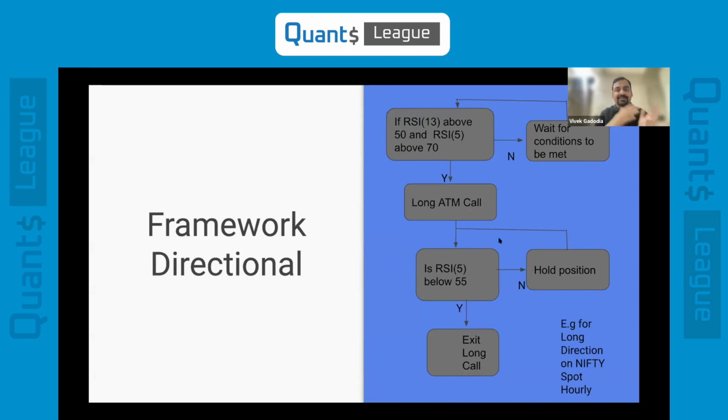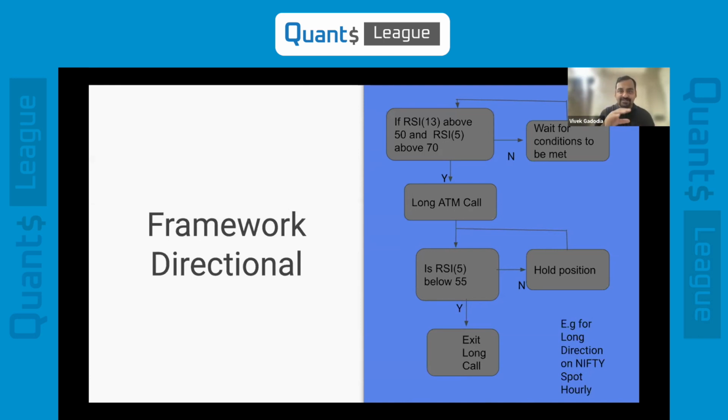Now, in the directional part, we can have some directional strategies which we are running. So how can a framework look for one of the strategies like that? This is on Nifty directional on hourly candle. Let us say the RSI of 13 period is above 50 and the RSI 5 period is above 70. So we are using two RSIs here, dual RSI.